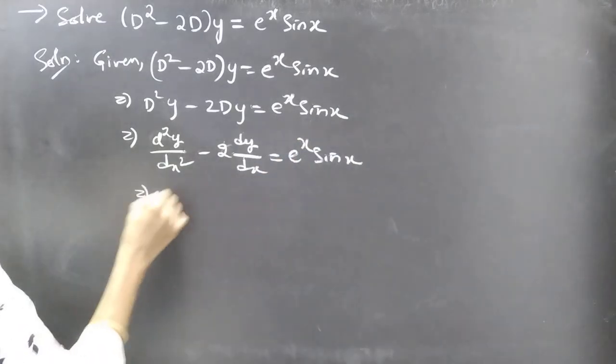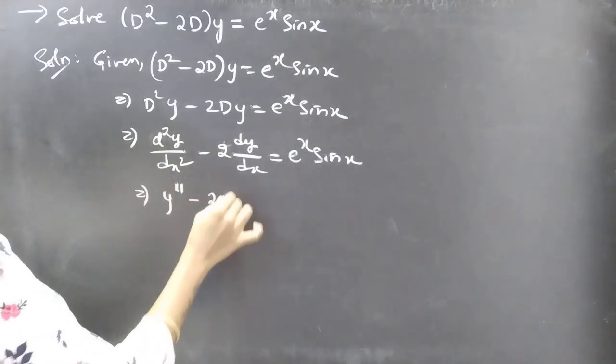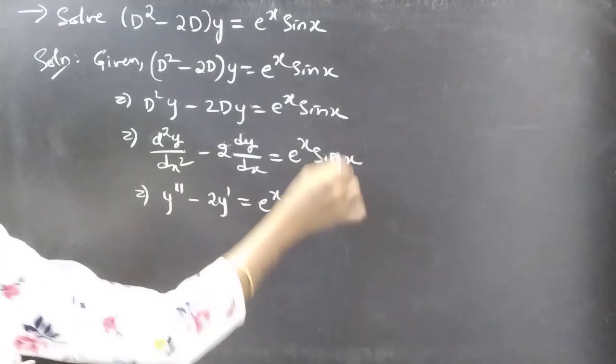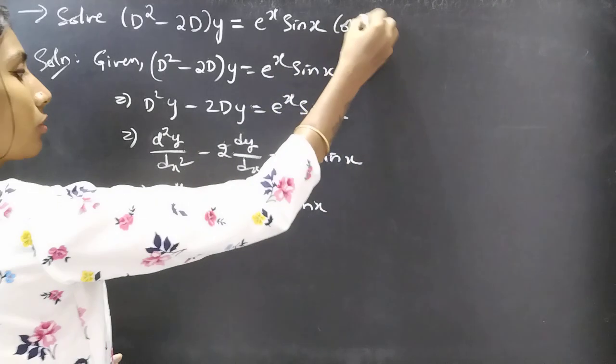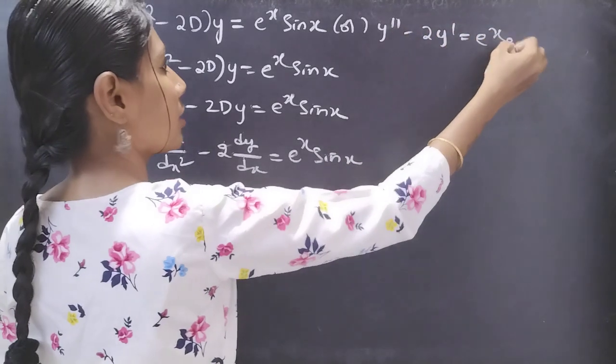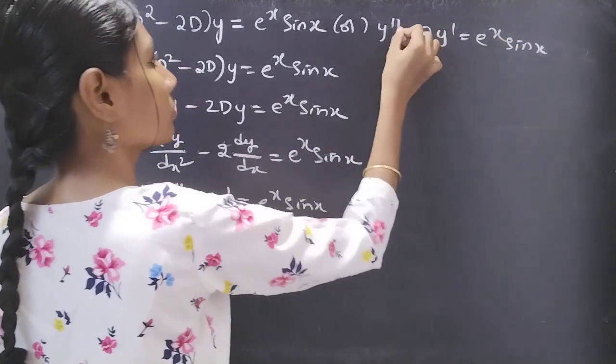Or we can write this as D²y − 2Dy = e^x sin x. We can write D²y as y double dash, or d²y/dx² minus 2 dy/dx equal to e^x sin x. Or we can write this as y'' − 2y' = e^x sin x. Consider it as equation 1.